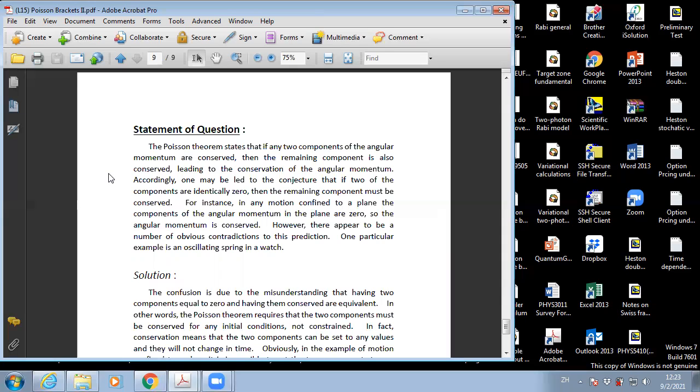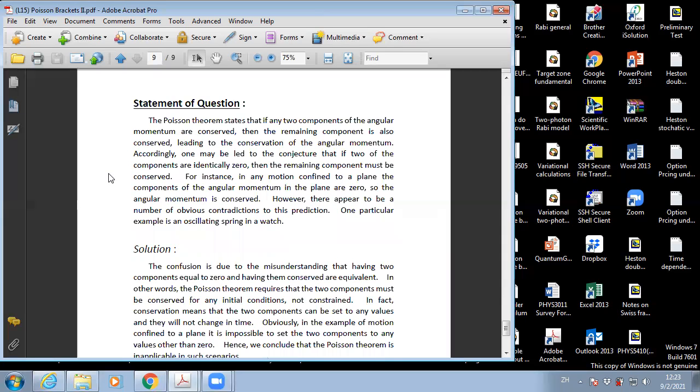Here's another question. Now the Poisson theorem states that if any two components of the angular momentum are conserved, then the remaining component is also conserved, leading to the conservation of the angular momentum. All right. Now, one may wonder if two of the components of a given vector are identically 0, then the remaining component must be conserved.